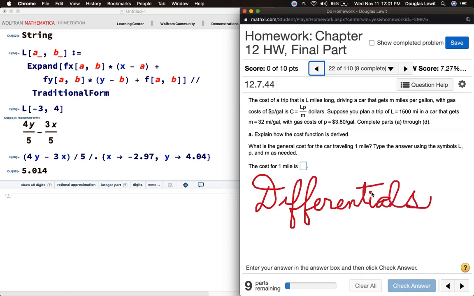For this problem, we're using differentials, which is almost the same as derivatives.